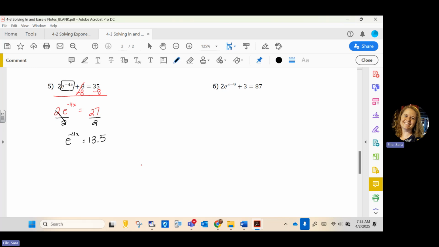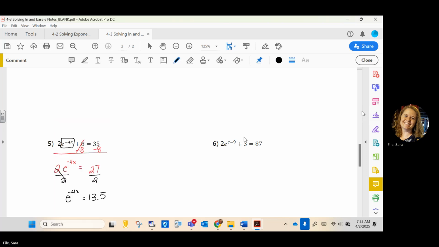So now I have the 2 options. I could simply take the natural log of both sides and get it that way. Or if you prefer the converting, you can convert to log form. Does anybody have a preference of those 2 methods I just showed you?